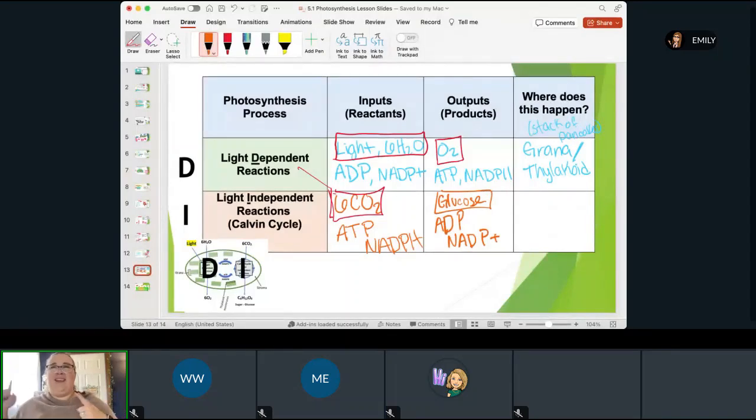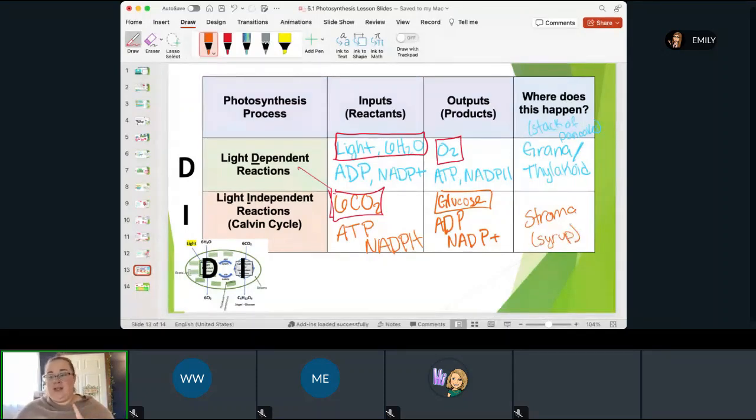Now, where does the Calvin cycle happen? What specific part of the chloroplast does the Calvin cycle happen in? Good, the stroma. That's your syrup.